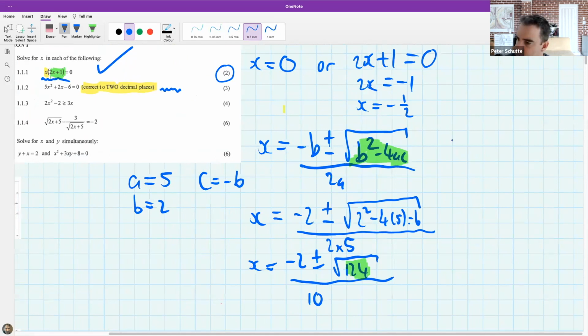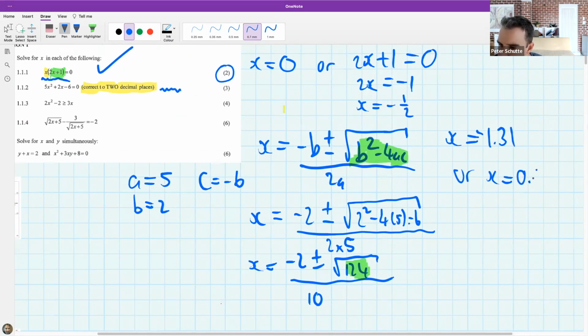So let me just write that in. We have x equals minus 1.31, or x is equal to 0.91. Okay, thumbs up if you felt okay with that. Thumbs down if you felt unsure.